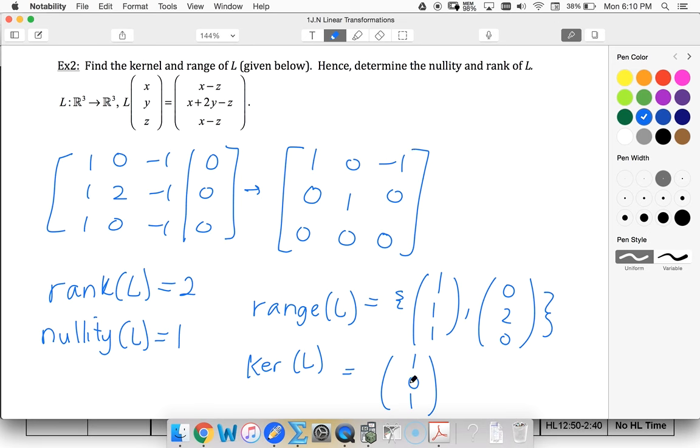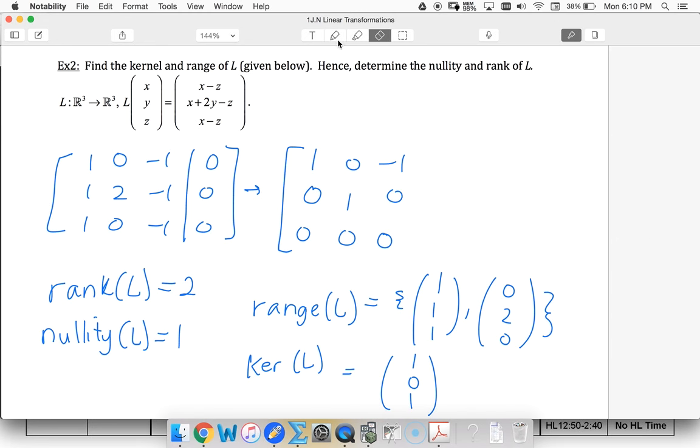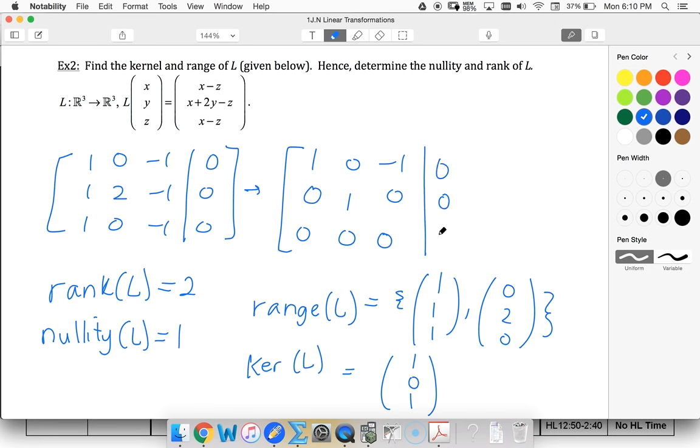So I've got 1, 0, 1. I see that this value, in thinking about my augmented matrix, which I lost, oops, I can see that my second variable is equal to 0. So here's my kernel. It's got 1 vector, as it should, and my range has 2 vectors.